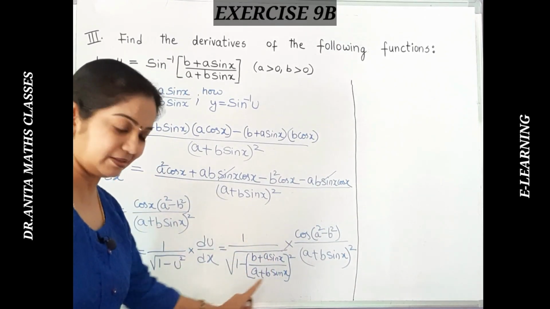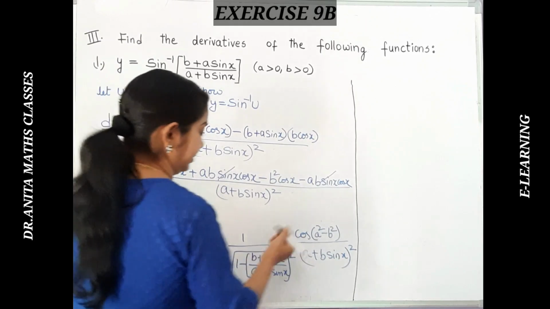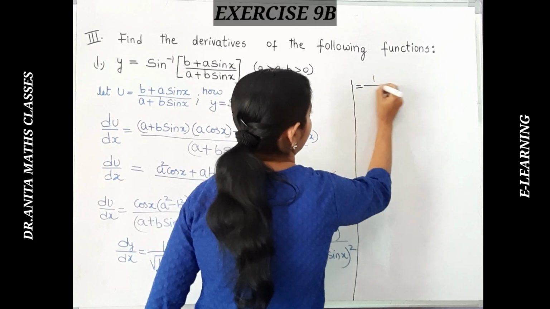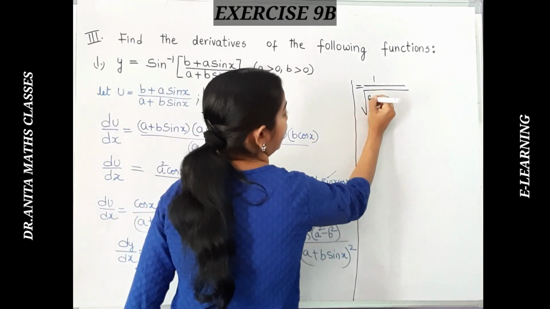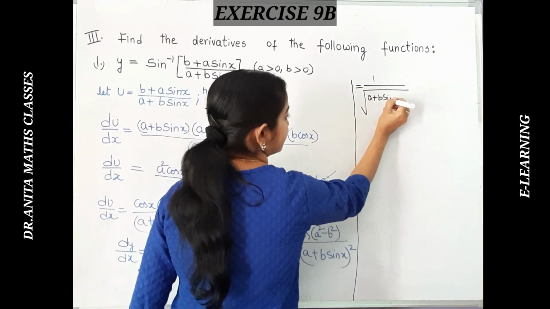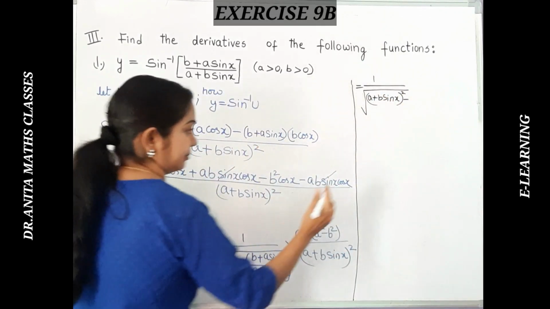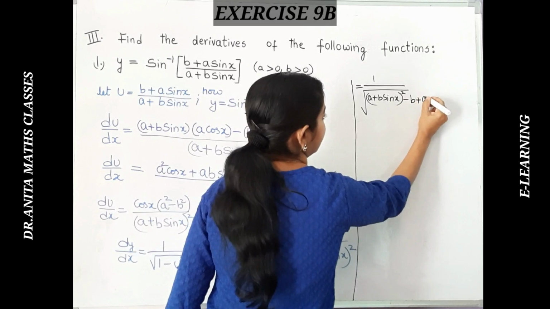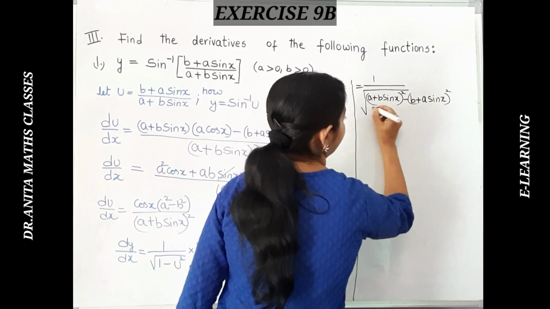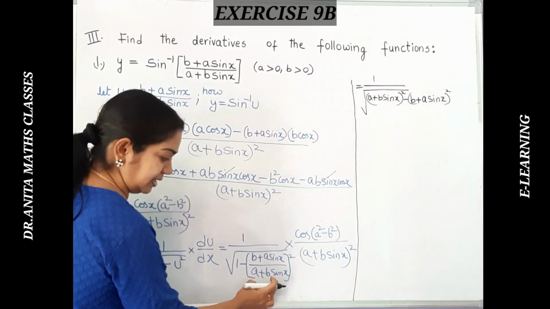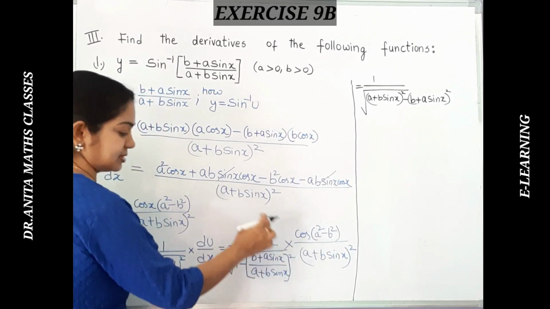Here it is under root and it is in the form of a fraction. So when you do the LCM, let me write here, that becomes 1 upon, if you are writing this LCM part, a plus b sin x whole square minus b plus a sin x whole square divided by a plus b sin x whole square, but it is under root, so the square and square root go, and this comes above.